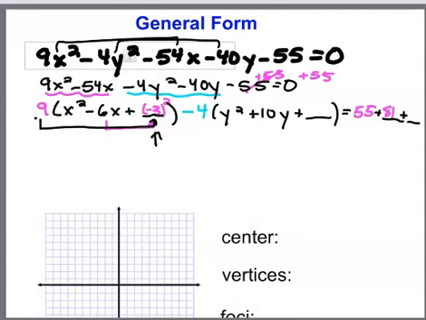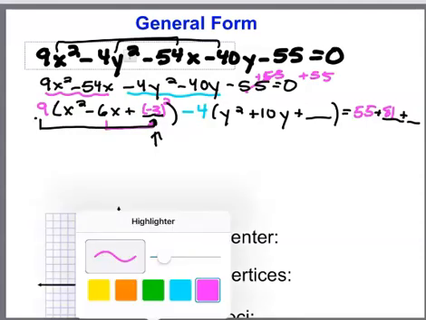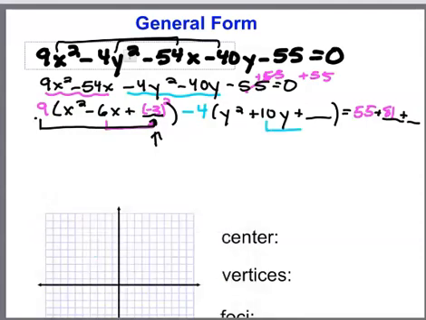Okay, so on the other side, if I half it and square it and add it to both sides, well, I just added 25 supposedly, but I've got -4 times 25. So I really added a -100 to the other side.